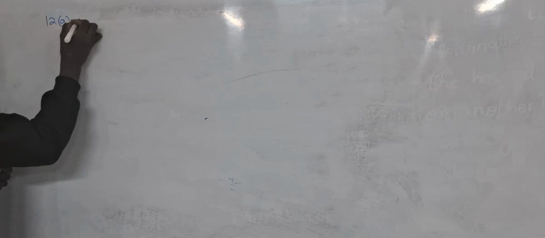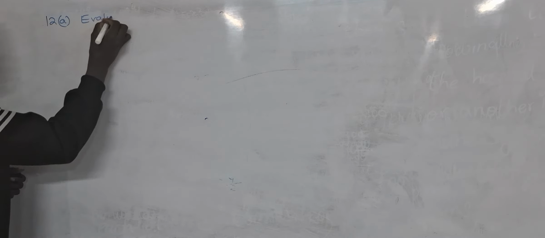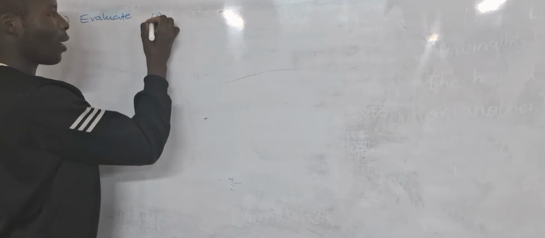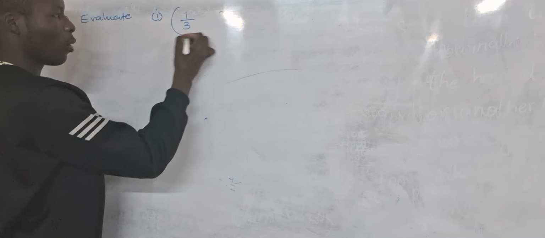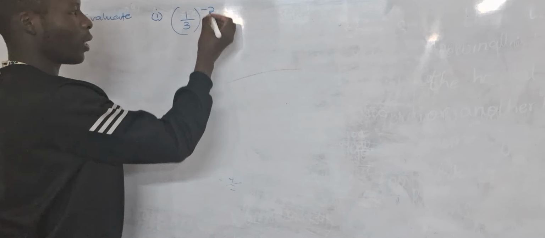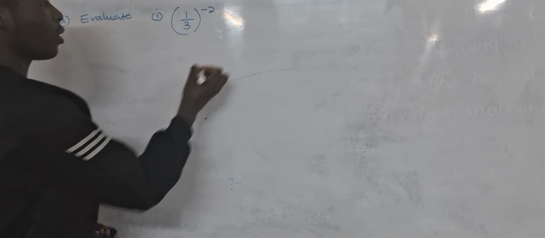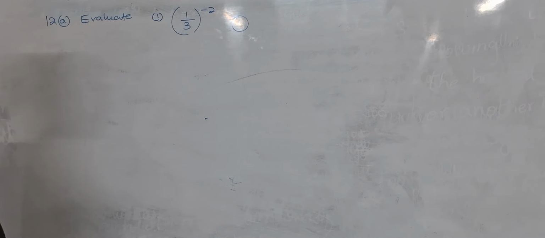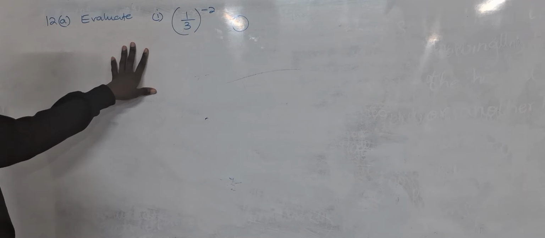This is 12A. Evaluate part 1: 1 by 3 to the power negative 2. So this is a 1 mark question. If you check, this question is coming from the laws of indices. This is law number 4.